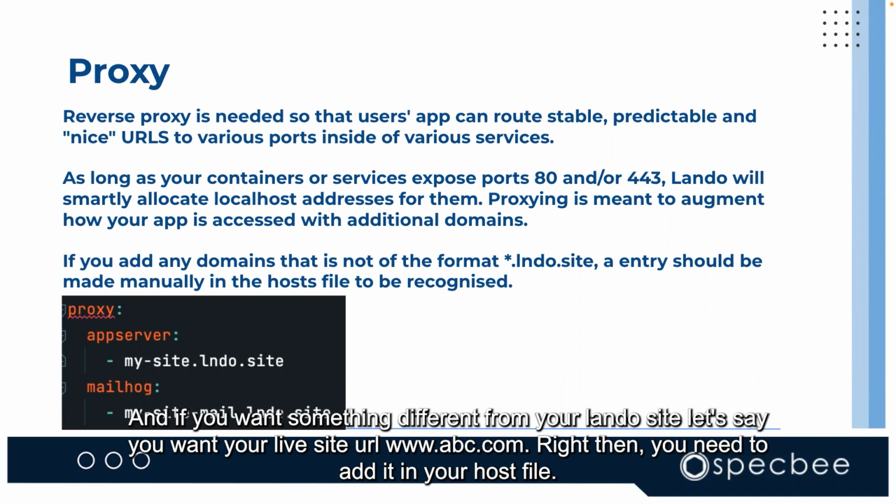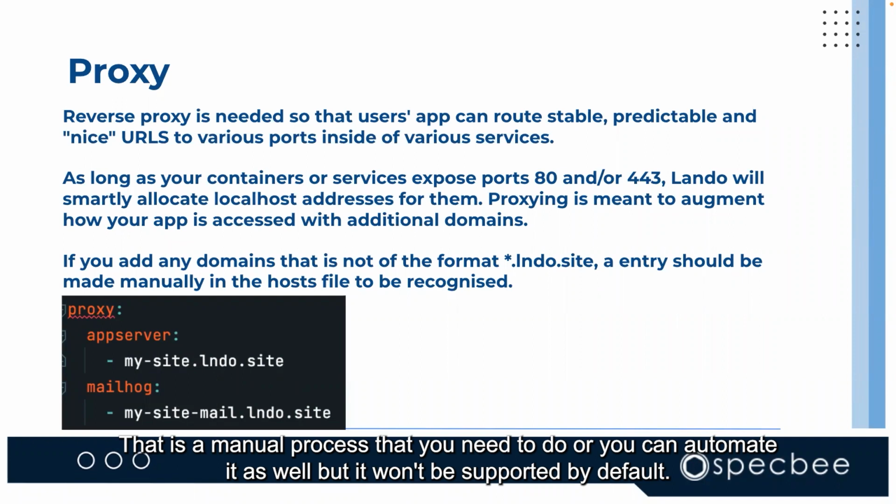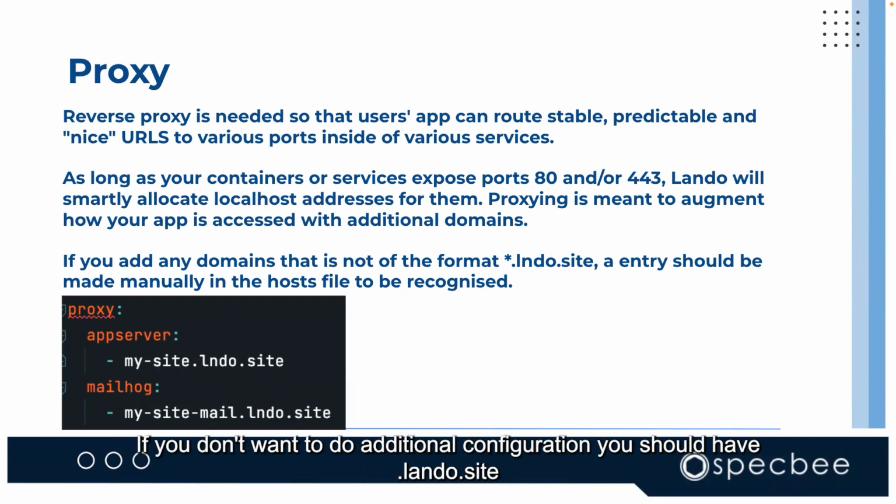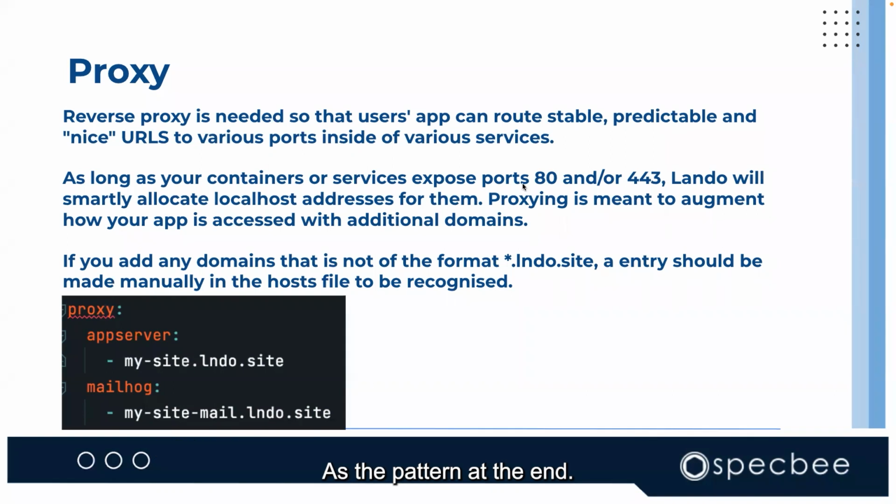Then you need to add it in your host file. That is a manual process that you need to do, or you can automate it as well, but it won't be supported by default. If you don't want to do additional configuration, you should have .lando.site as the pattern at the end, as you can see here. So this is what proxy is about.